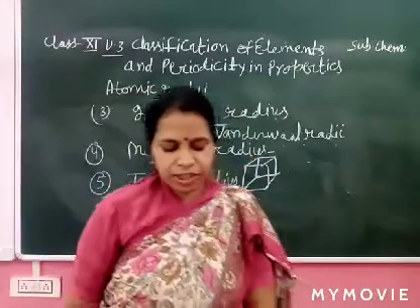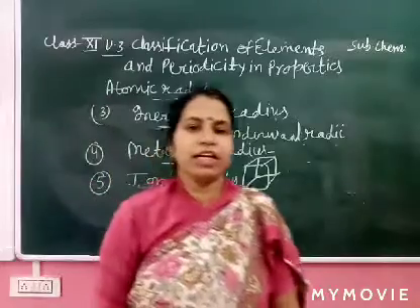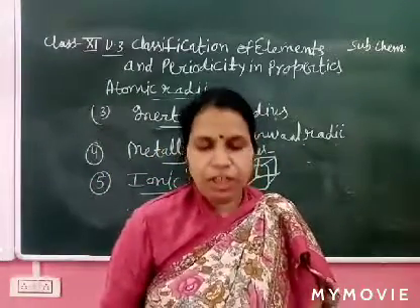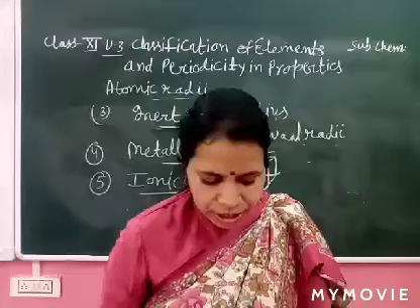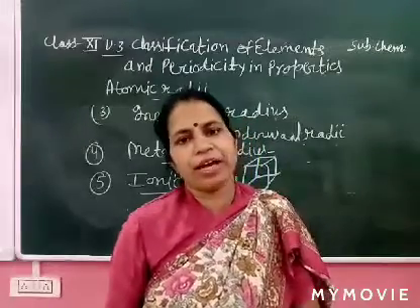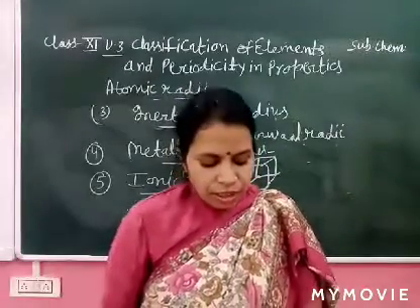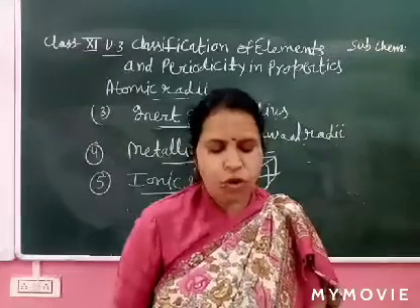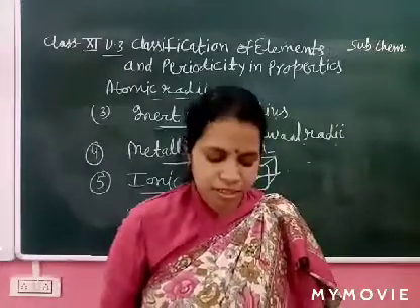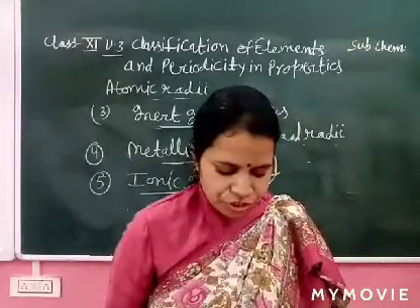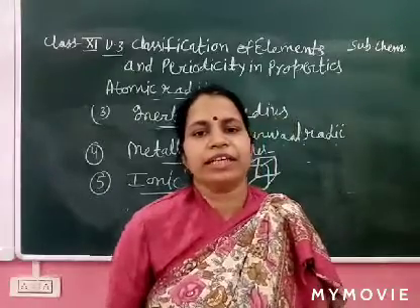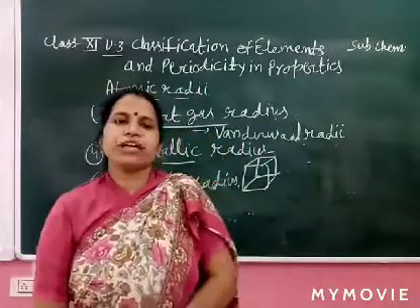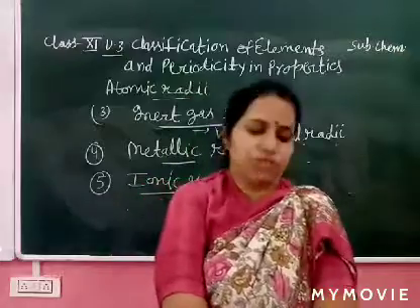The ionic radii correspond to the radii of ions in an ionic crystal. Ions formed by the loss of electrons acquire positive charge, and ions formed by gain of electrons get negative charge and are called anions. Clear all of you? Anions means negative charge, cation means positive charge.